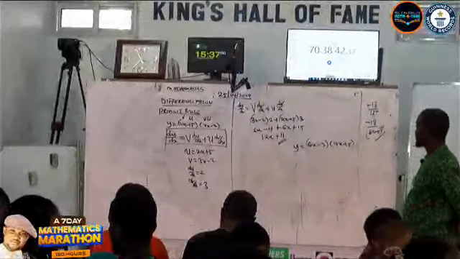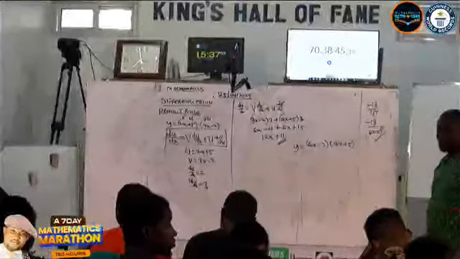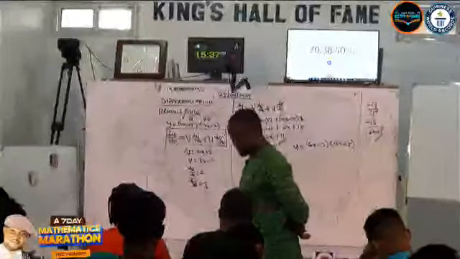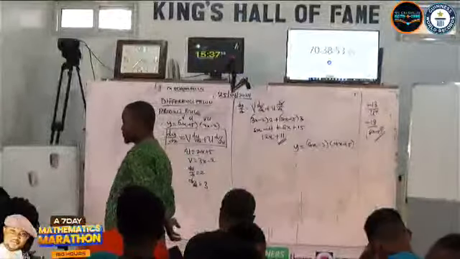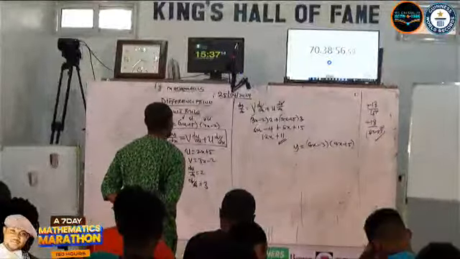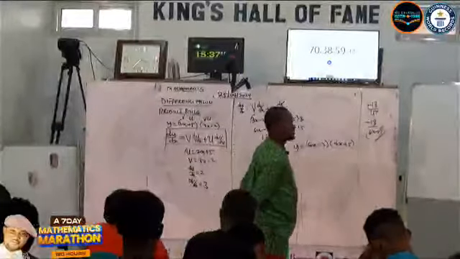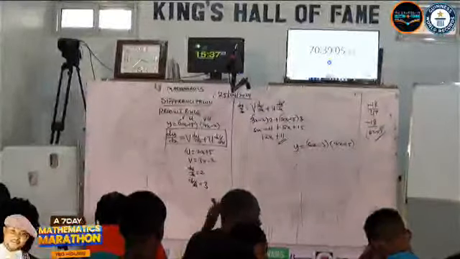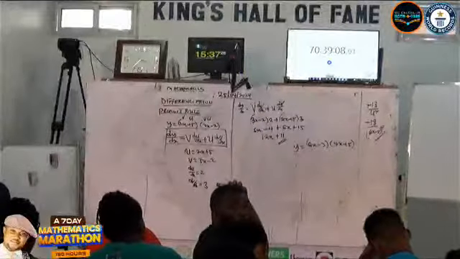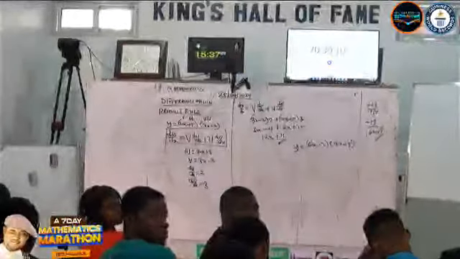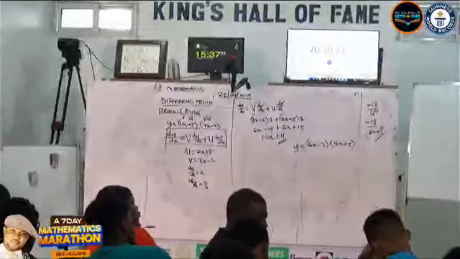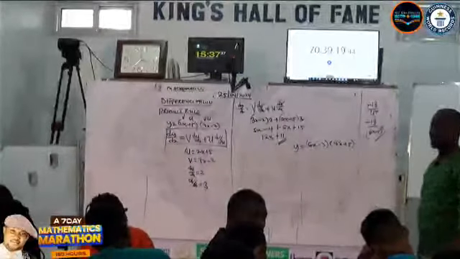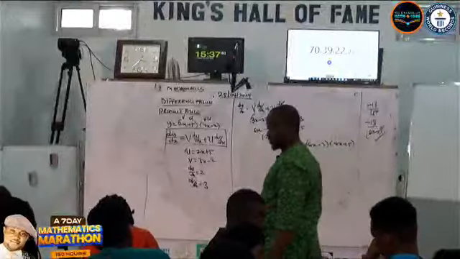So, what do you have? 48x squared plus 18. Well, anyone have a different answer? Different answer from what we had there.